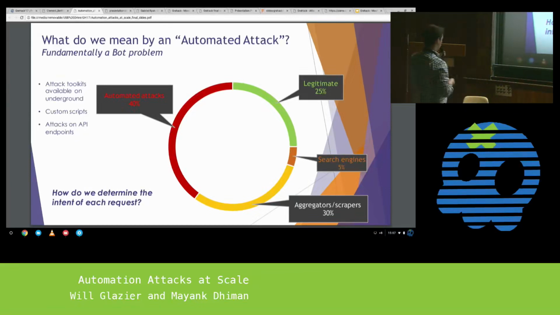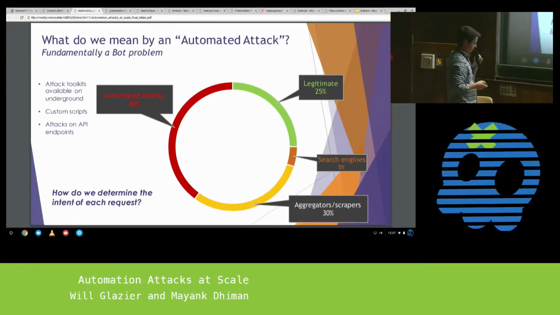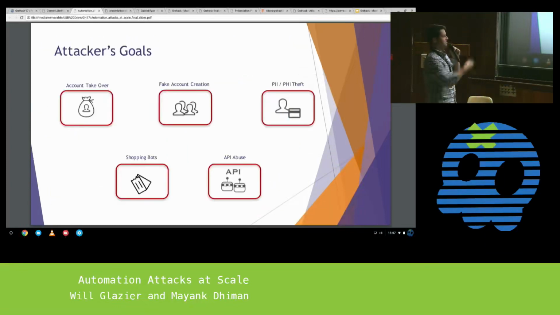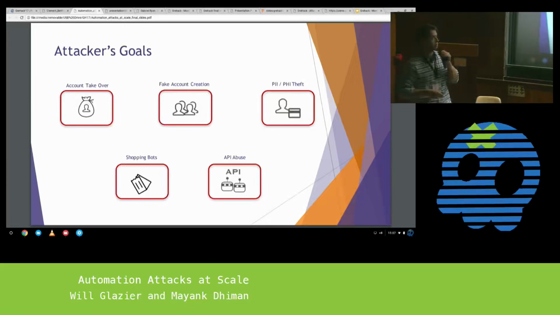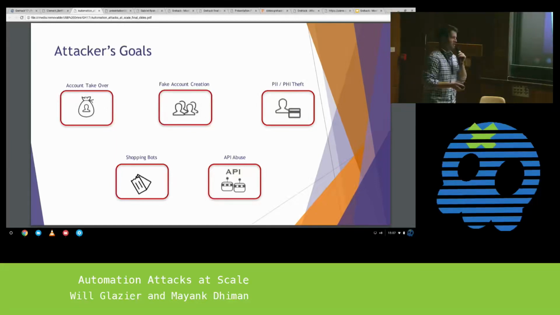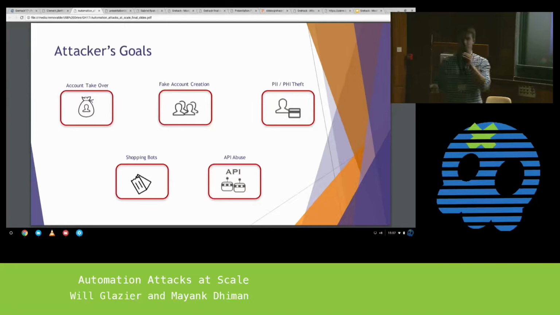And what's important here with deciphering this traffic, just separating the good from the bad, is determining intent of each request. And the intent of these attackers are use cases like some of the following. Account takeover is the obvious one, when people reuse passwords. If they can crack those passwords, crack open accounts. There's also fake account creation to do things like launder money, post a bunch of spam on forums, get eyeballs and get traffic to a certain site.